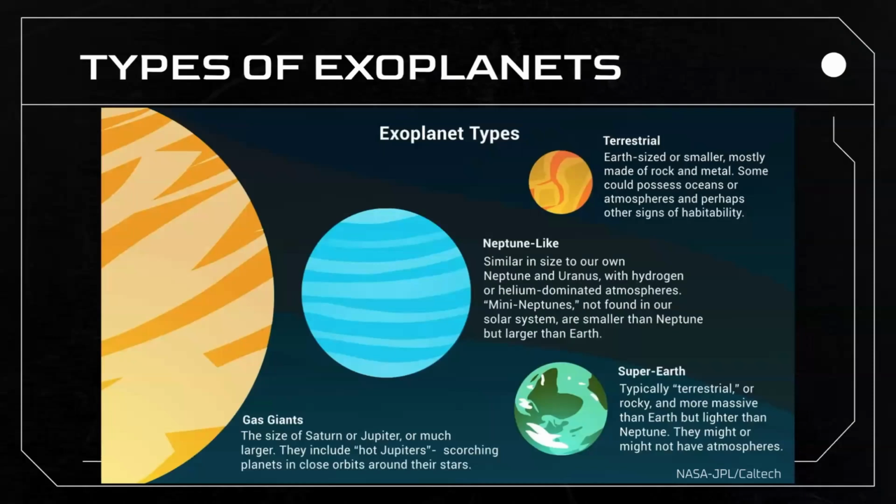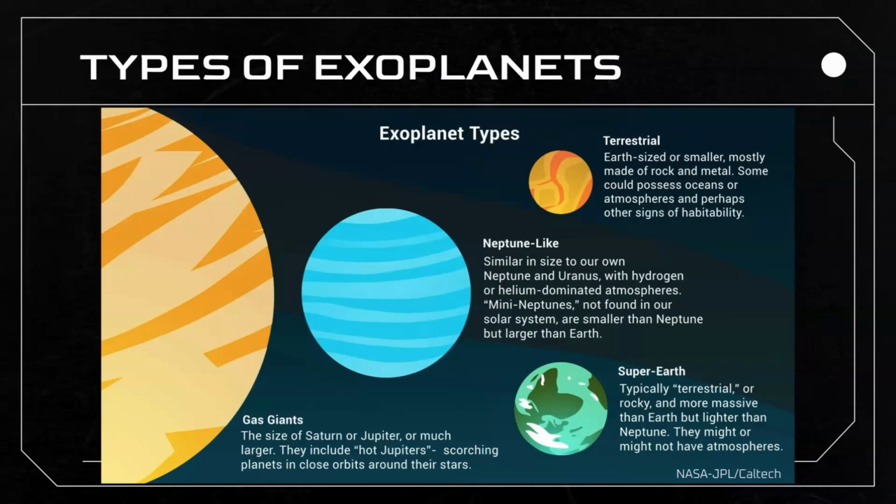Generally, we classify exoplanets into a few classes, the smallest being terrestrial, which are roughly Earth size or up to twice the size of Earth or smaller, mostly made of rock and metal. Some could possess oceans or atmospheres. A lot of times when people are thinking about habitability, they're looking at Earth-sized planets, because that's where we know life exists, in our own solar system.